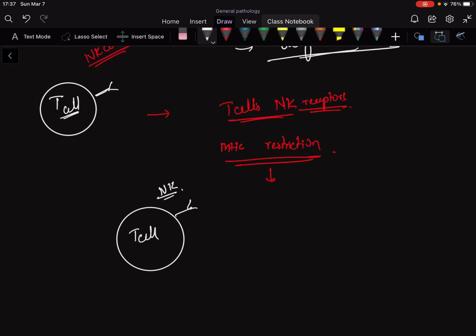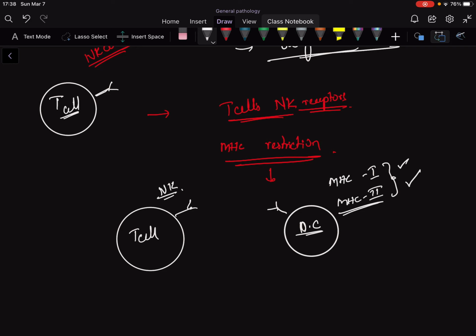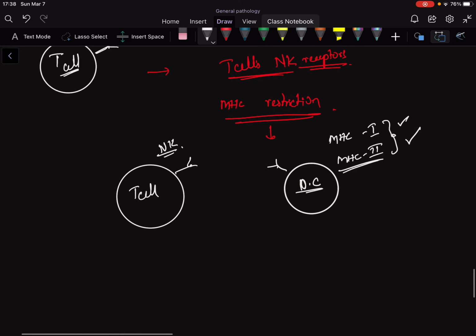The antigen presenting cell here, which is the dendritic cell, on its surface should have either MHC class 1 or MHC class 2, but these T cells with natural killer cell receptors don't follow MHC class 1 or MHC class 2. They follow another method, called CD1, an MHC type of molecule.